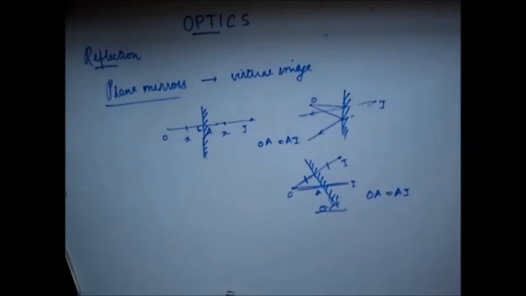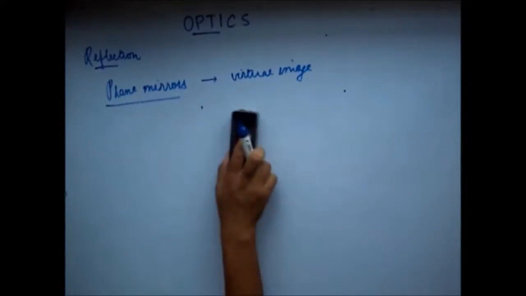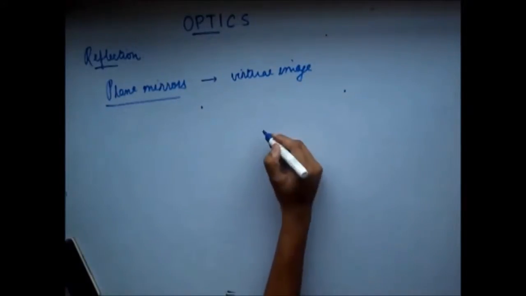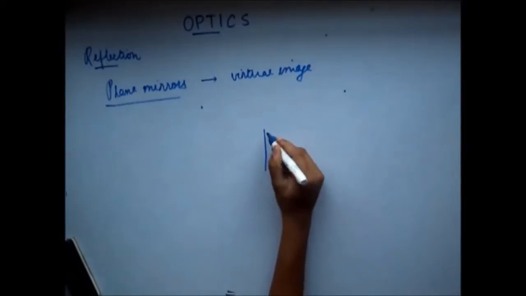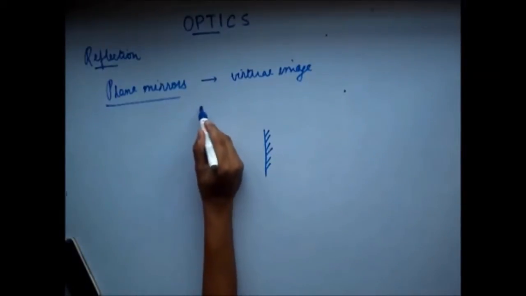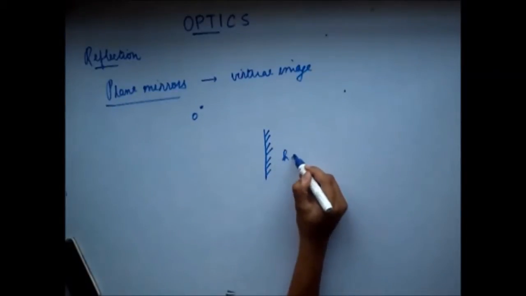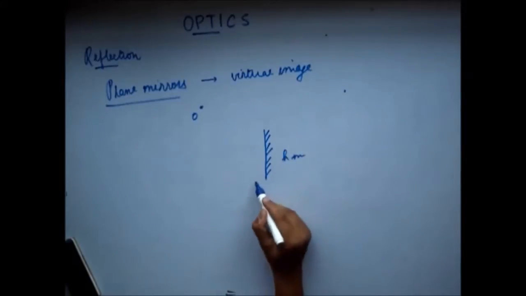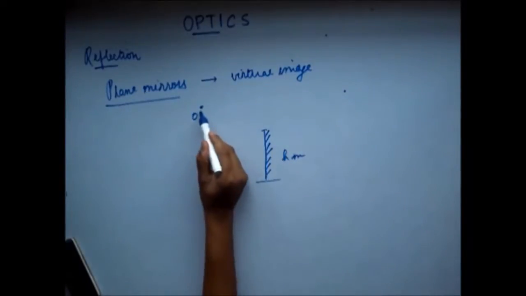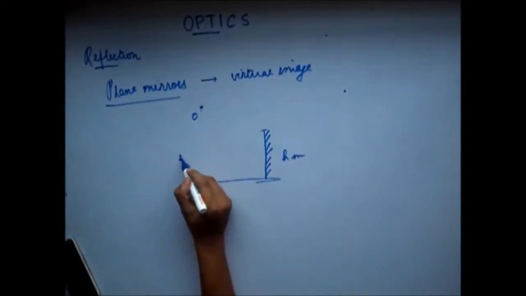Okay. Now, another thing to consider is that if I have a plane mirror here, and if I have an object here, let's say this height is h, and this height from the ground is HO.